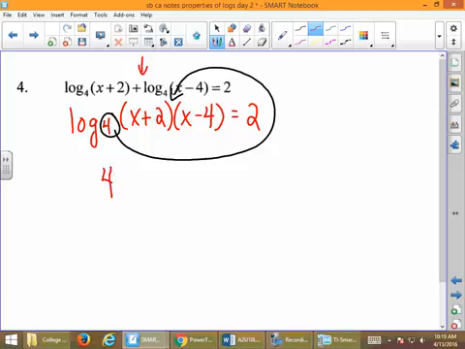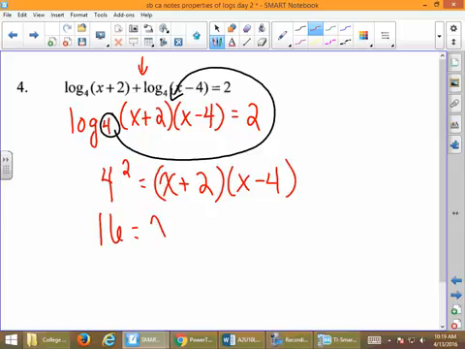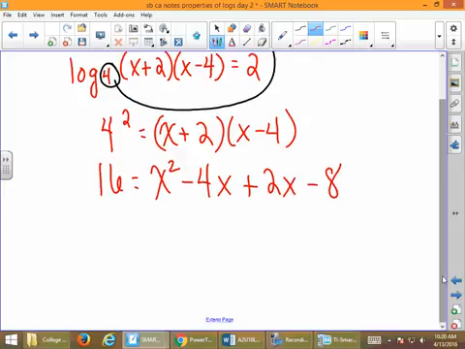So this is 4 squared equals x plus 2 times x minus 4. We're going to have to FOIL. So it's 16 equals x squared minus 4x plus 2x minus 8.